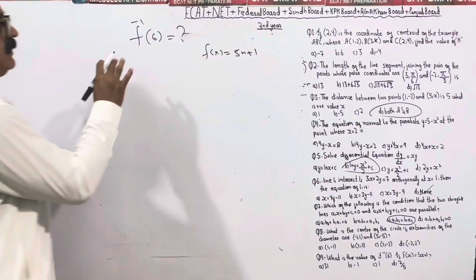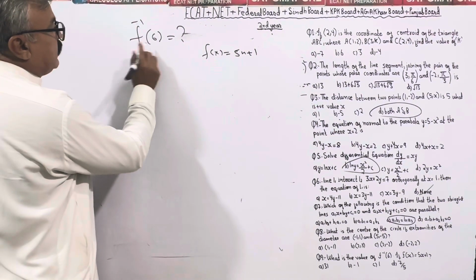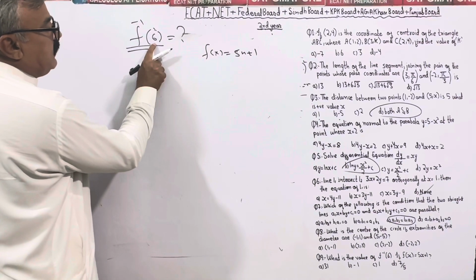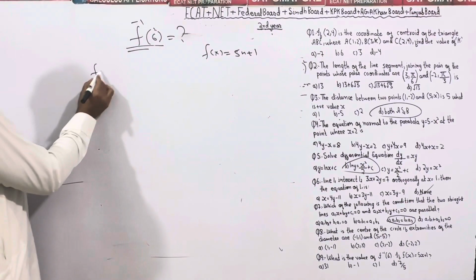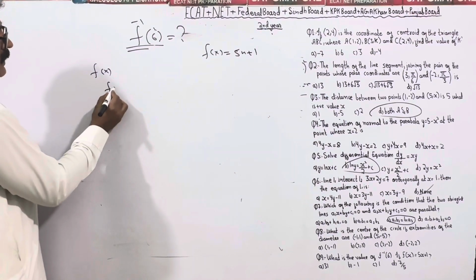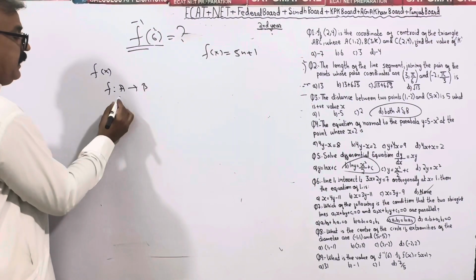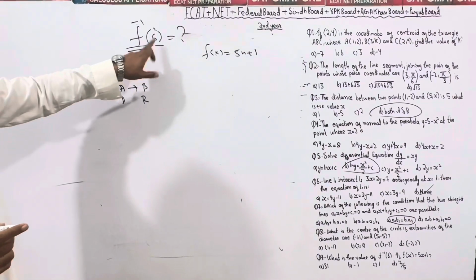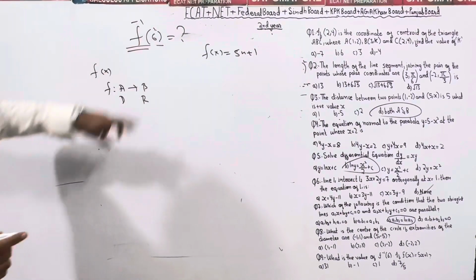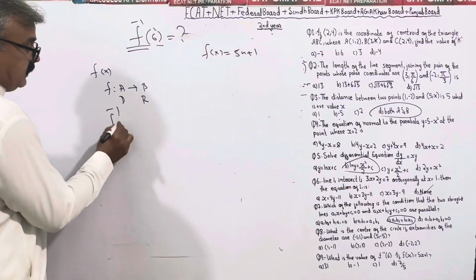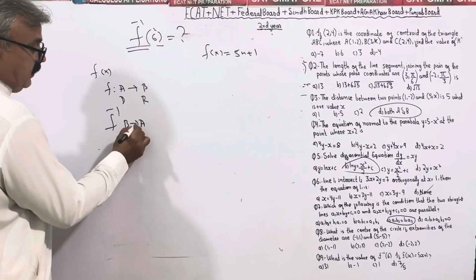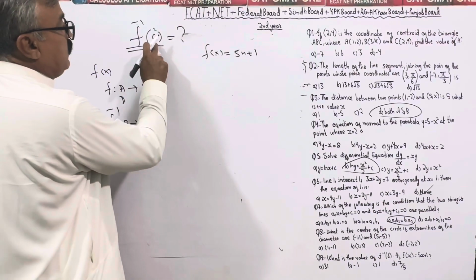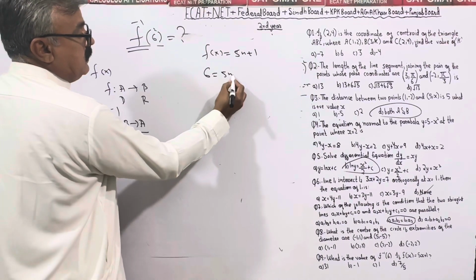Googly sort of question. If we are dealing with a normal function from a to b, then a is the domain and b is the range. In case of inverse, the domain is the range. Inverse means range is domain and domain is range. So this is the value of f of x. 6 equals 5x plus 1.